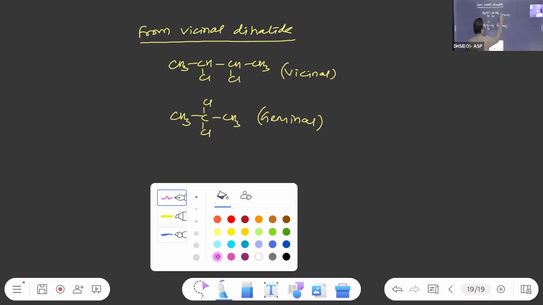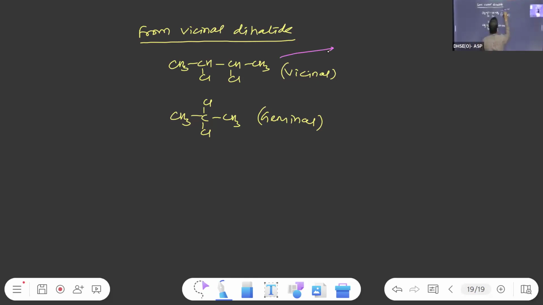Then vicinal dihalide, we treat with zinc metal. So it makes alkene plus ZnCl2.